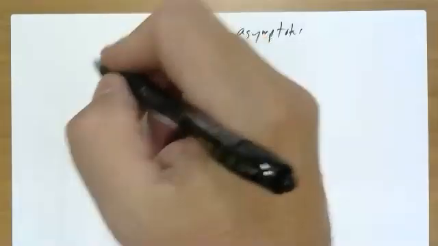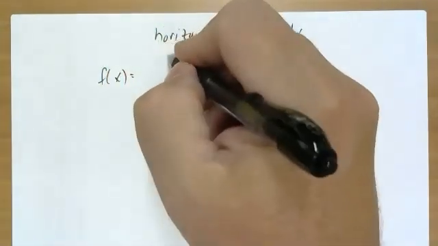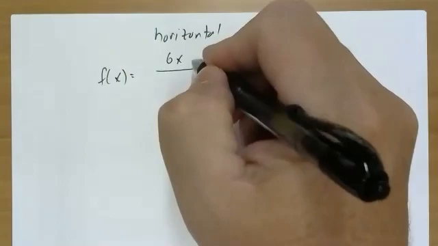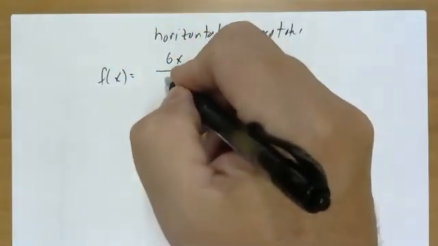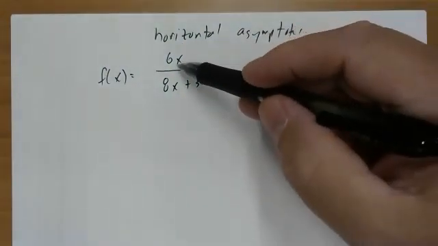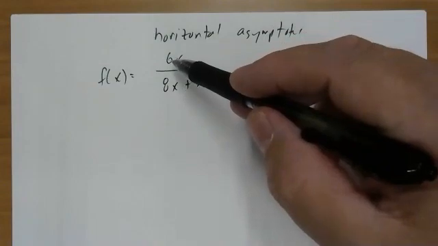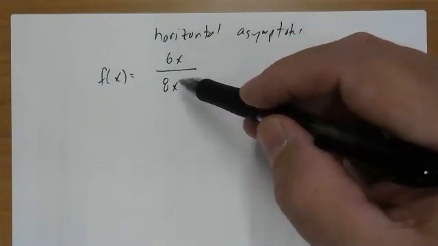I don't need to teach it, hopefully, because this is going to be review. The whole idea is we're going to cancel in the top and the bottom everything but the leading terms. The leading term in the top is the term with the variable with the largest exponent. In the same way in the bottom.